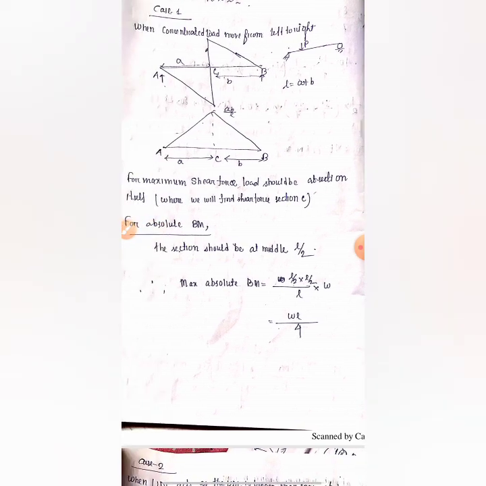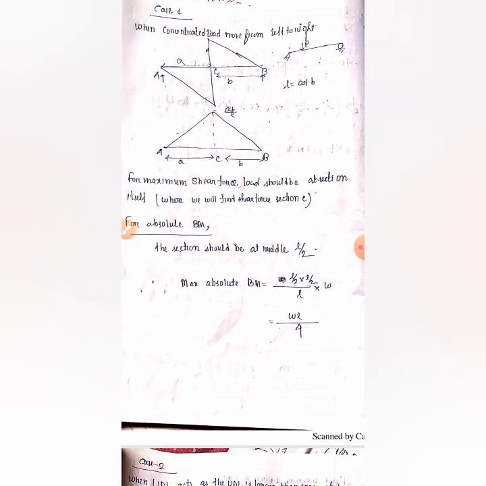If we multiply this with W, because we have seen that we multiply the ordinate with the load. In the previous video we have done W1 into Y1, W2 into Y2. In this question, only one single load is acting, that is W load, acting at section C, which is at the center of the span, L by 2, L by 2.